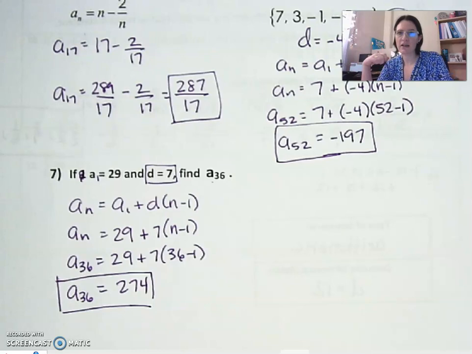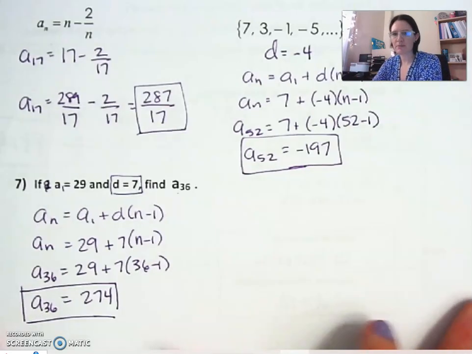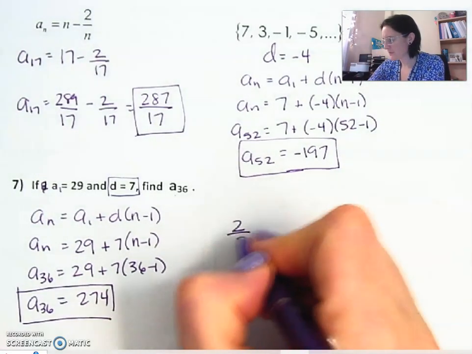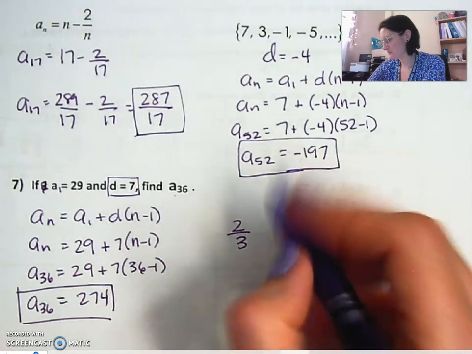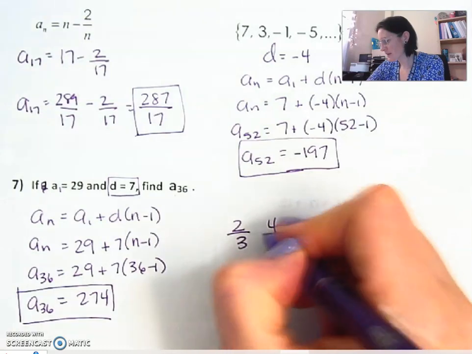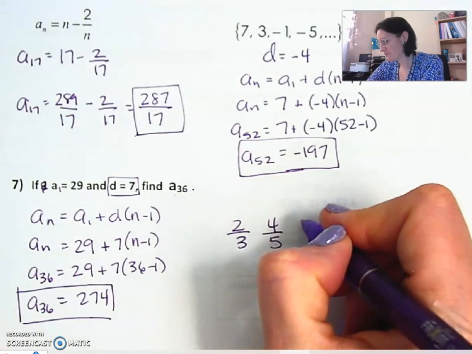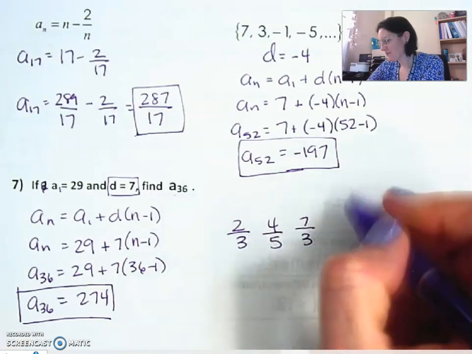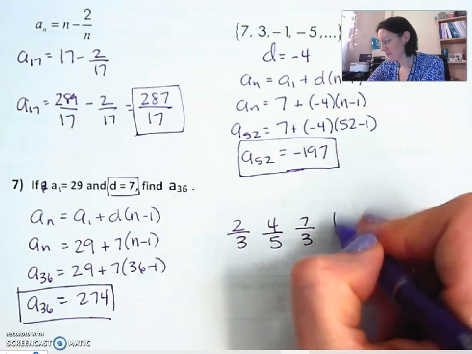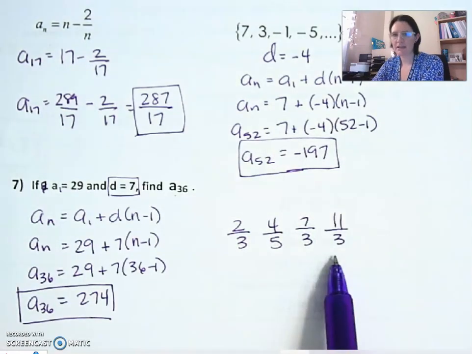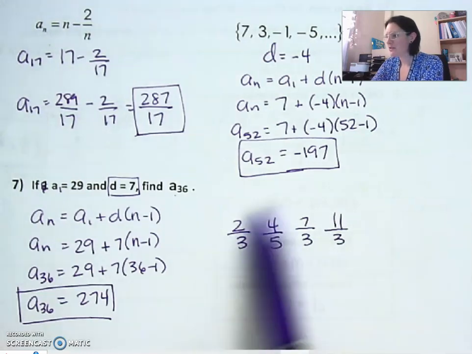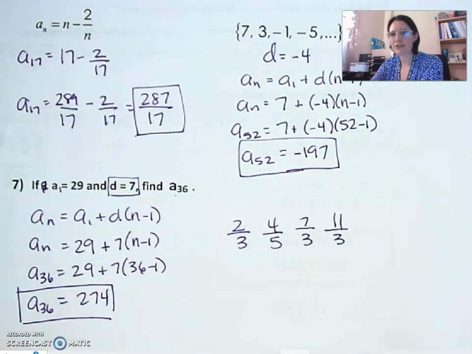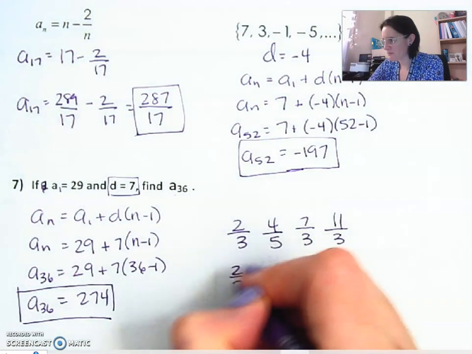And one thing I want to tell you about the quiz, there were several problems with more fraction math than the review had. Remember, if you're dealing with a situation, okay, this is probably not going to be a real thing, I'm just making it up. Let's say you had something like this and you were trying to figure out what the pattern was. Rewrite everything so that it has a common denominator first. It's much easier to compare the numbers together when you've rewritten.